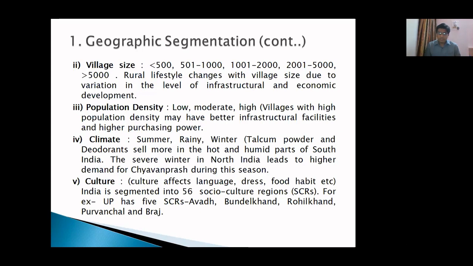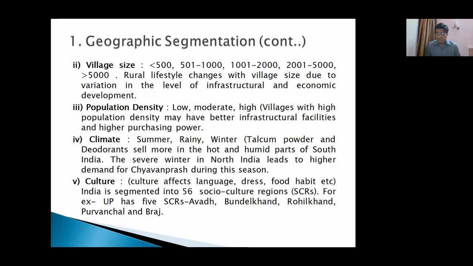So we could see from these examples that the companies dealing in talcum powder or deodorants or perfumes will be finding South India or South Indian market as more lucrative because the climate there is hot and humid. People will be demanding more of these kinds of item.